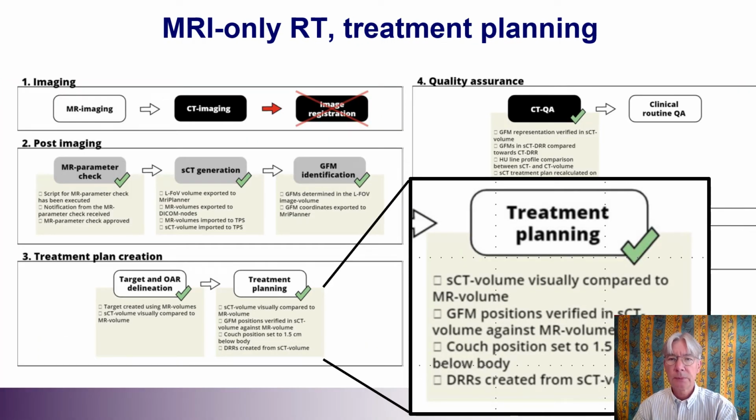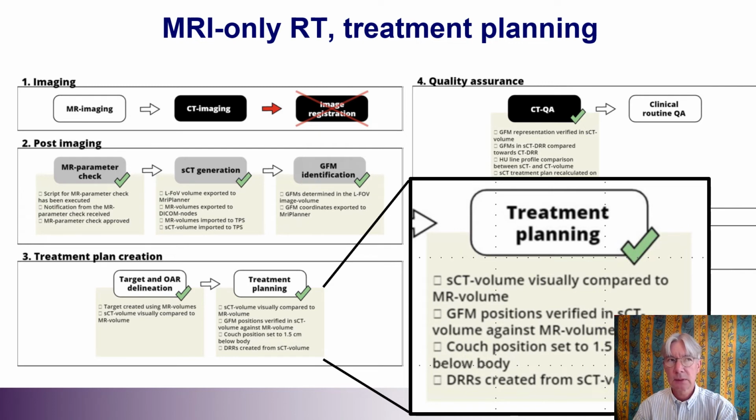So for the treatment planning, then there are some extra tasks to perform on the MR-only workflow. The synthetic CT volume is visually compared to the MR volume to see that everything makes sense. The marker positions in the synthetic CT are verified and validated against the MR volume to see that that makes sense.